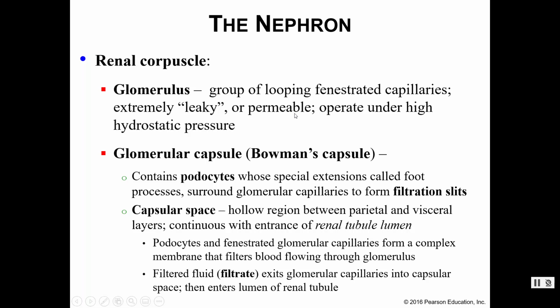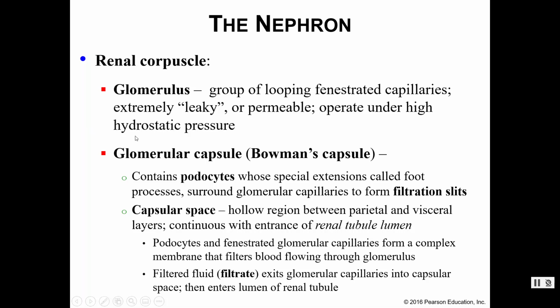We are going to be taking a lot of things out of the blood at the capillaries, and we're going to be putting them into the glomerular capsule, that Bowman's capsule. How are we able to do this? It's because these capillaries, the glomerulus, it's under high hydrostatic pressure. Now, hopefully, you remember that hydrostatic pressure is basically your blood pressure.